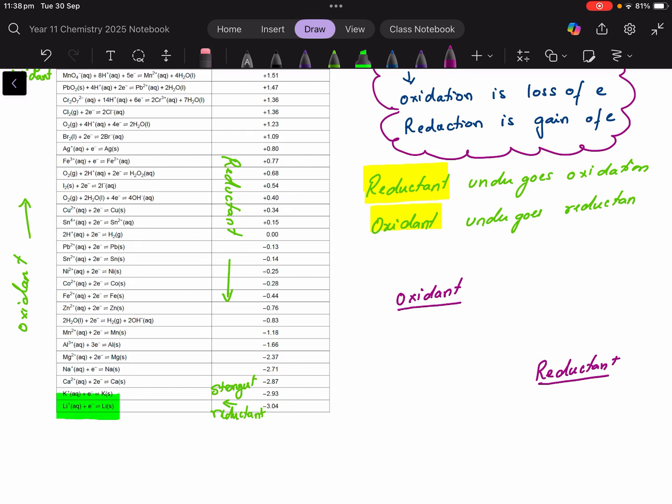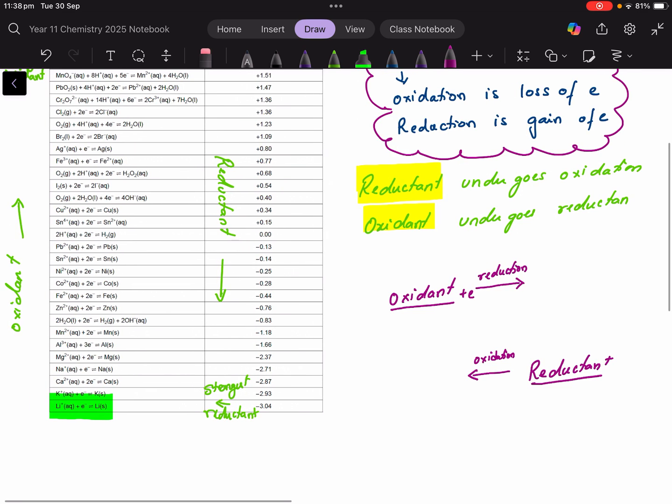And your oxidation reaction will go this way, and your reduction reaction will happen going towards the right. So you're going to have electrons here, whilst in the bottom equation the electrons will turn up because it will be loss of electrons. So they will basically be giving up electrons.